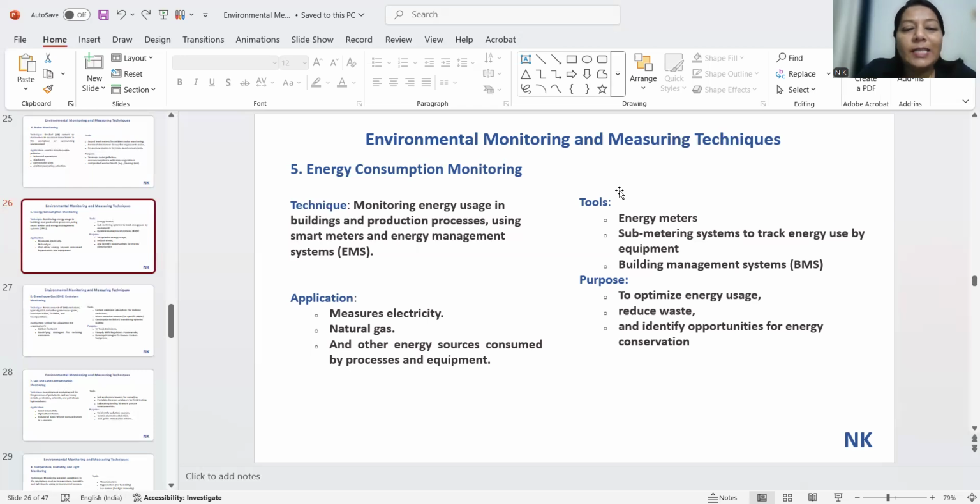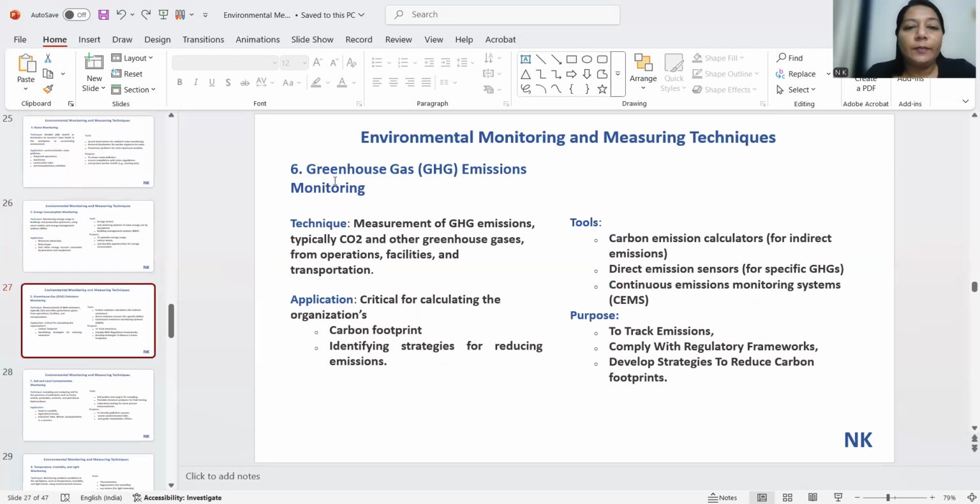With these tools, we can measure overall energy. The purpose is to optimize energy usage, reduce waste, and identify opportunities for energy conservation. These are the purposes of energy consumption monitoring. So the next point is GHG, greenhouse gas emissions monitoring technique.